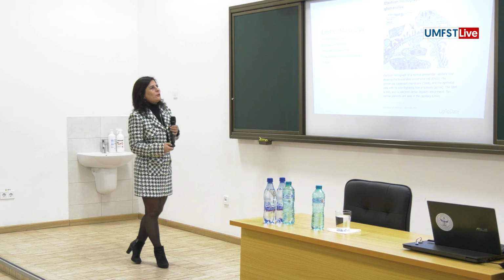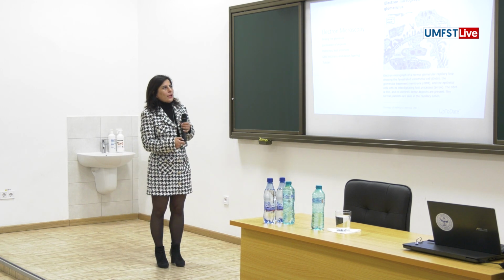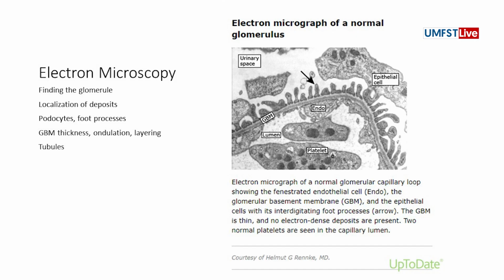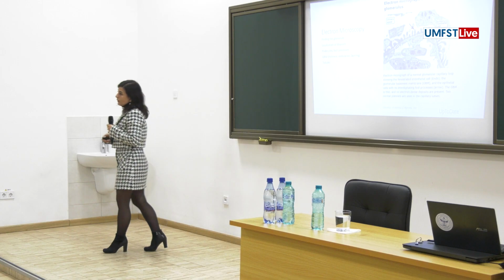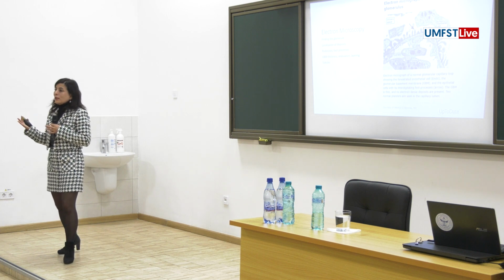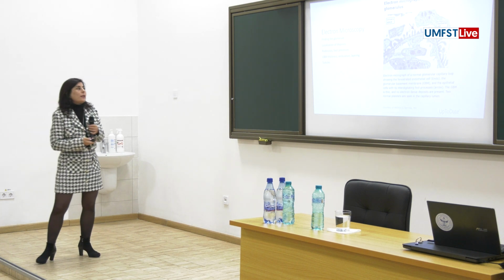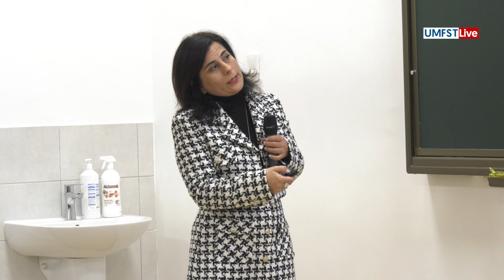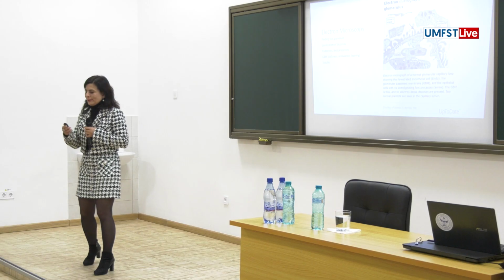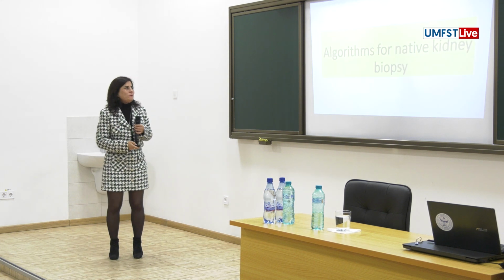We have to find the glomerulus, and we have to find the GBM, endothelium, epithelial cells, urinary space, lumen of the capillary loop, and in the lumen we have to evaluate how many cells, what cells are in the lumen of the capillary loop. And the thickness is important, podocytes are important, the fenestrae are important. We have to know the histology first, electron microscopic histology.